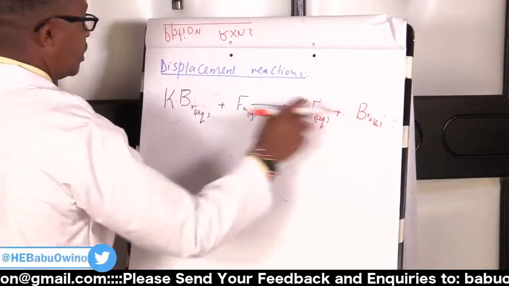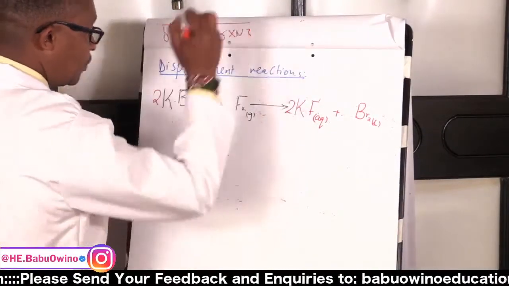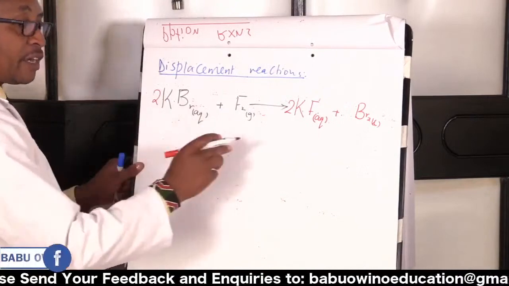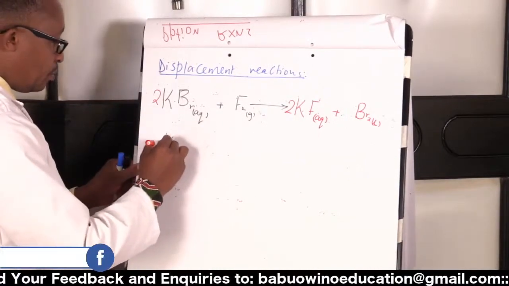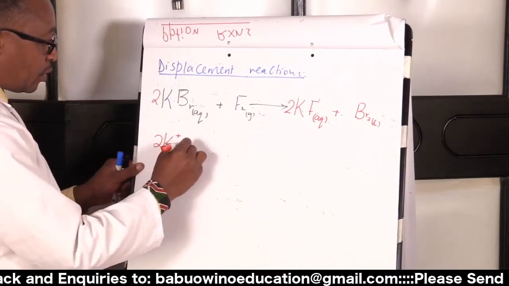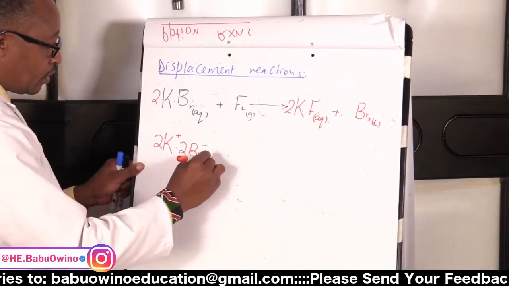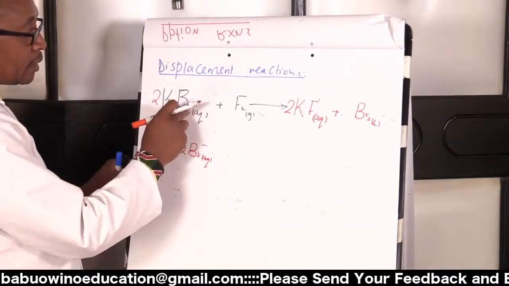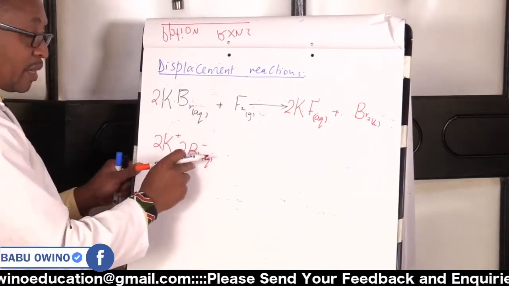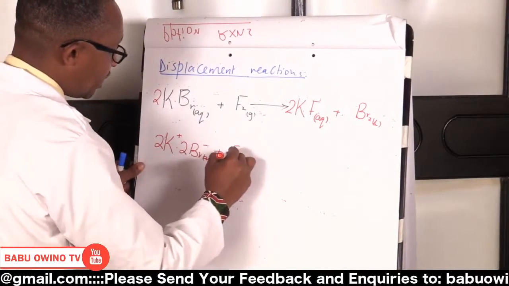So in this case, we balance it up. Bromine, bromine, so we put a 2. And fluorine, we put a 2. So we put now the ionic form of it. Potassium is like that, combining with the bromide ions. Bromine in aqueous state, bromide ions, combining with the fluorine gas.